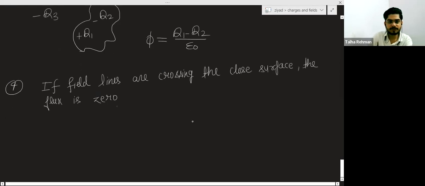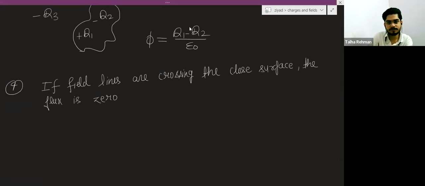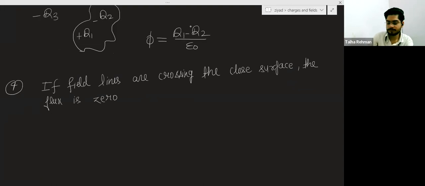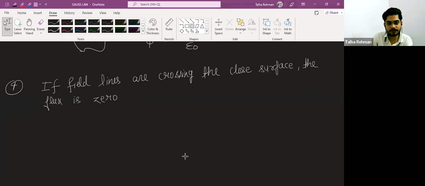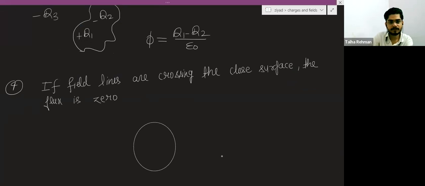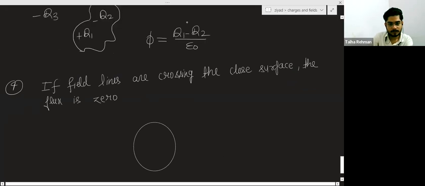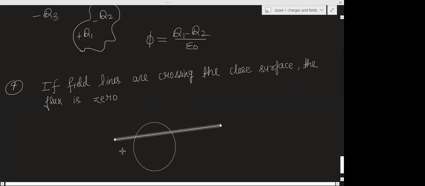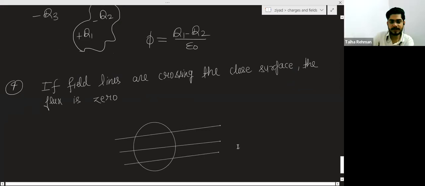Suppose you have a sphere, and this is your closed surface, and suppose the electric field lines are like this. So these are the electric field lines.